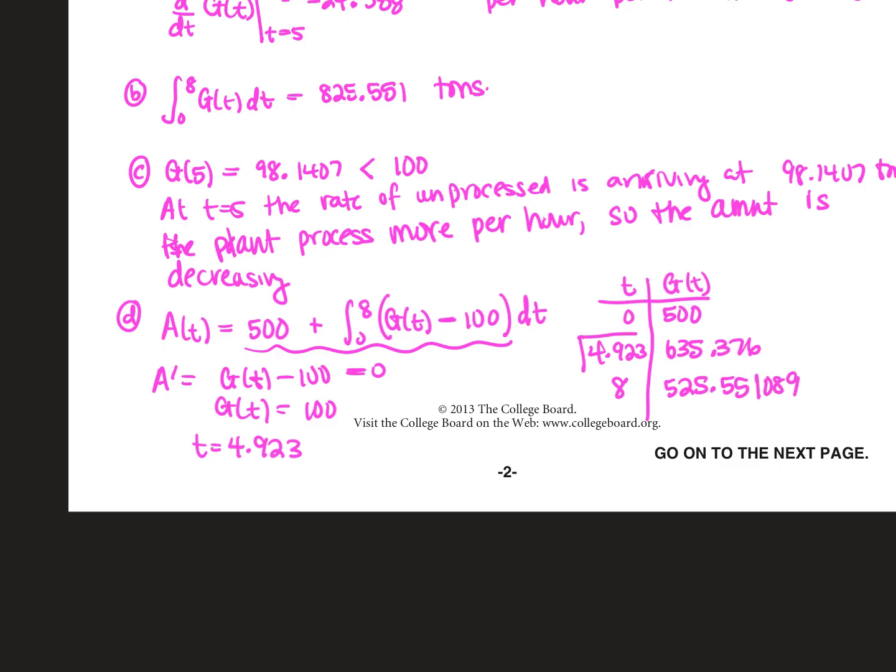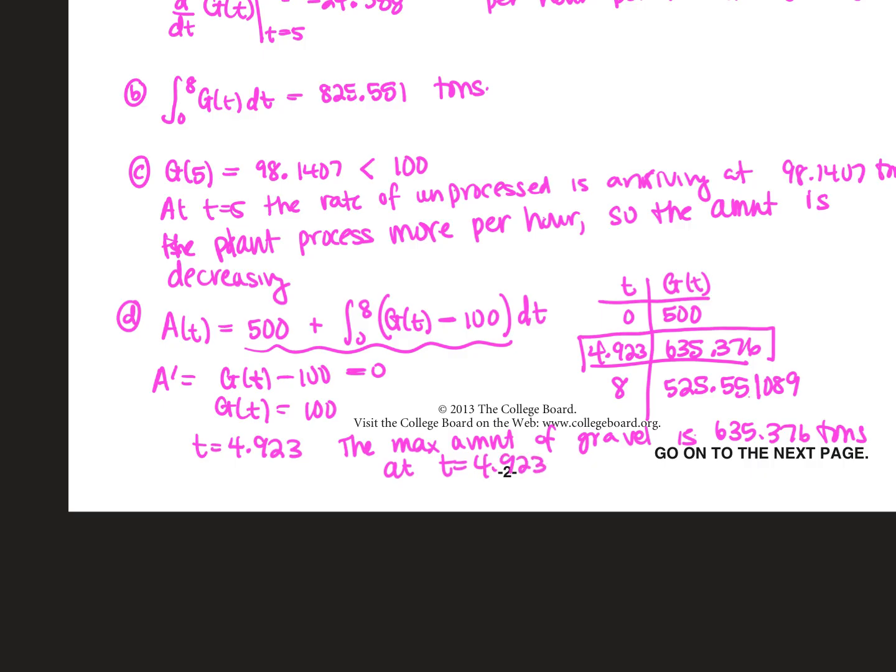So our maximum is at that time. So the maximum amount of gravel is 635.376 tons, and that happens at time equals 4.923.